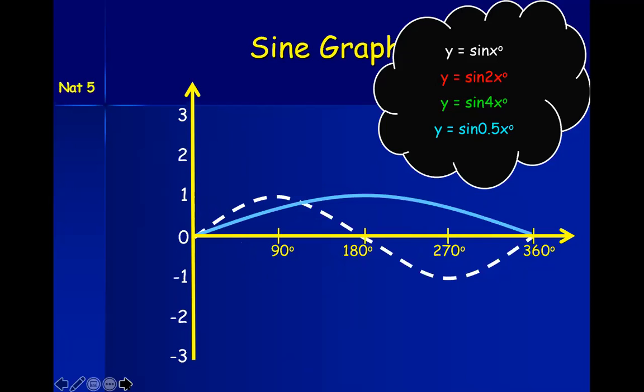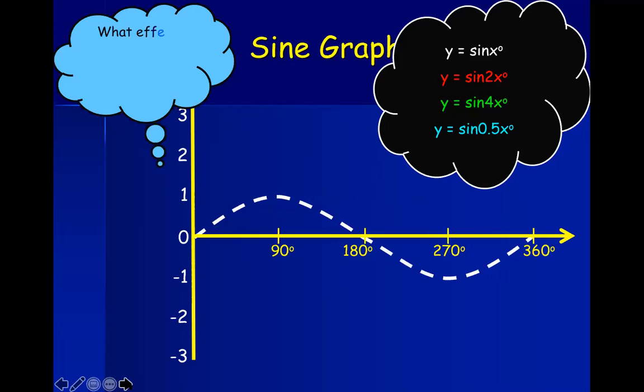It would look like this, because my period is now twice 360, that is 720. But as you've noticed, the amplitude never changed. It's just how many of those we have within 360 that's changed.